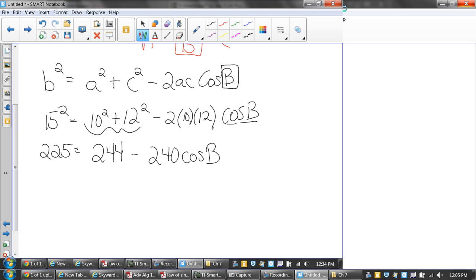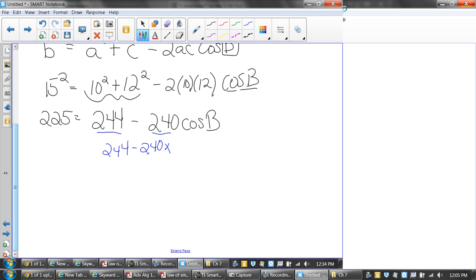All right, something to be careful of. Can I add these 2 numbers together? No, because that's connected to the cosine. So if this was 244 minus 240x, could I add those 2 together? No. So you want to keep these separate.